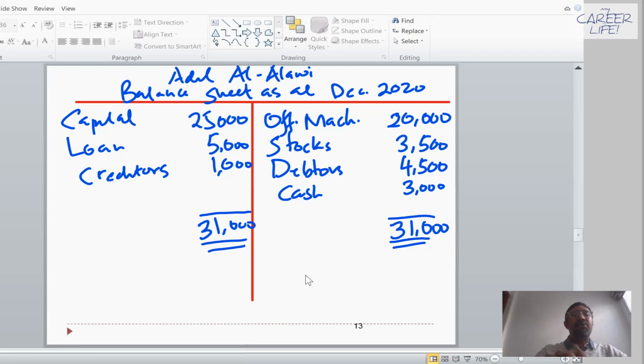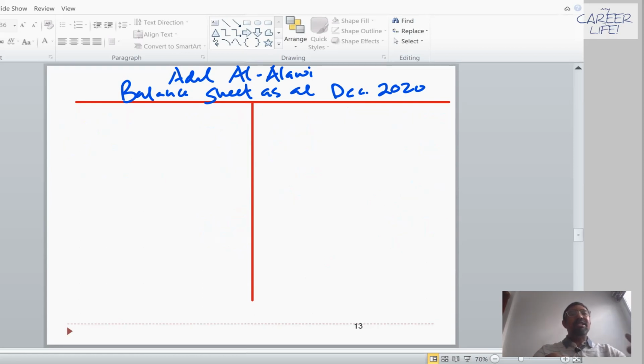The other way of doing this balance sheet will be to classify into several categories as we have learned. As accounting students now, you need to classify the assets and the liabilities. So you need to write the name of the proprietor, the balance sheet as at December 2020. Now, from here, you need to classify.